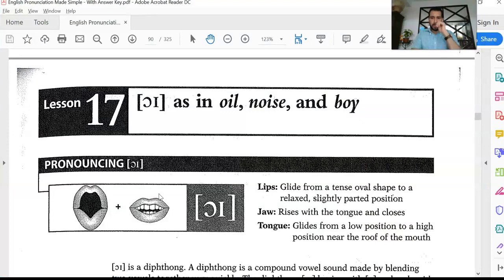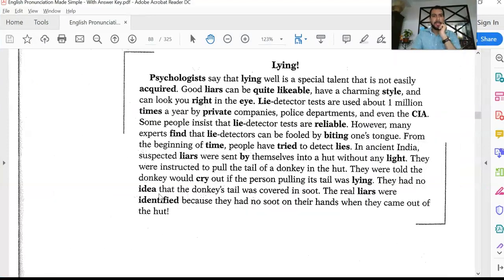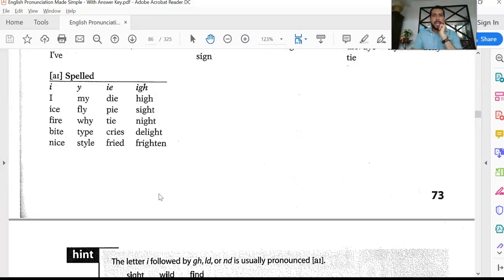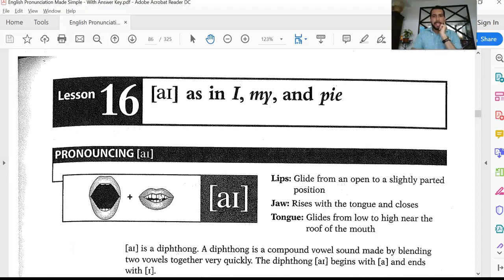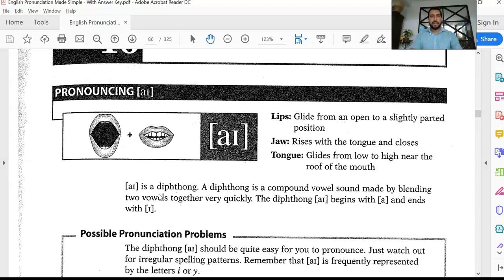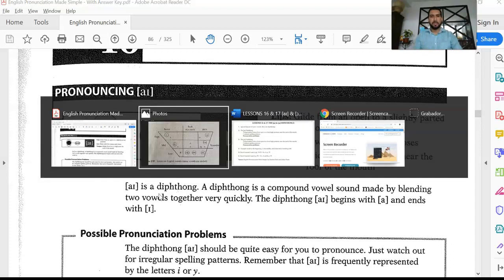Let's begin with the oi sound. Let me go back. Let's begin with the I sound, which, like I said, is not actually a pure vowel. It's a diphthong, and what you have to do is make sure your lips glide from an open to a slightly parted position. I. Your jaw needs to rise with the tongue, and it also closes at the end. And your tongue glides from a low to a high position near the roof of the mouth.